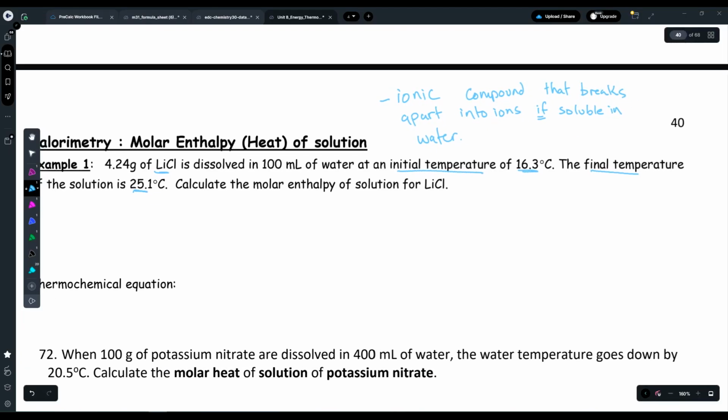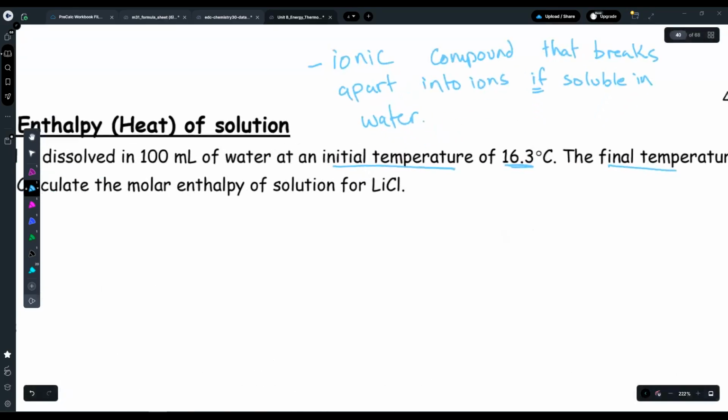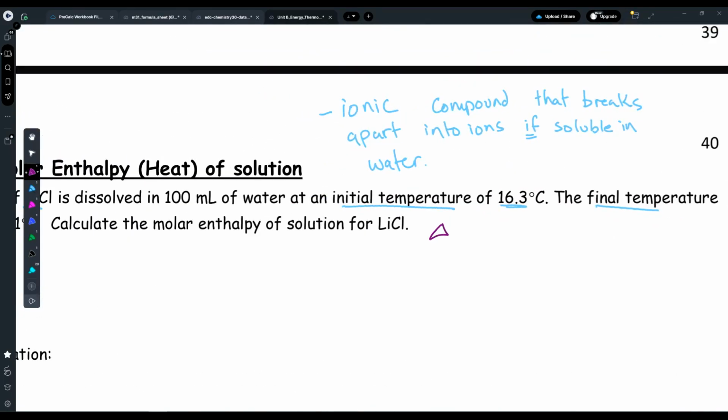As a little reminder, to find molar enthalpy of solution, ΔH, you are going to need the moles of your substance, in this case lithium chloride.